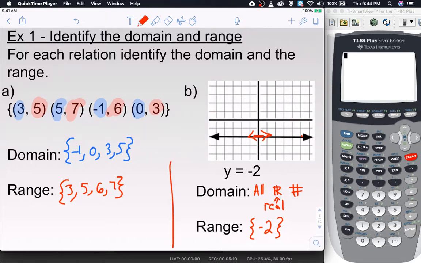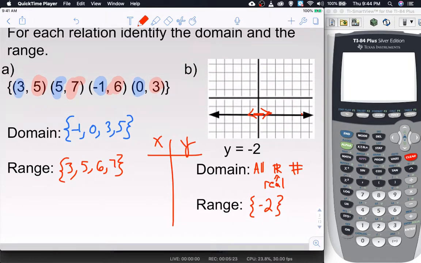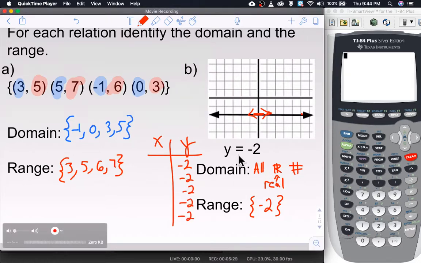Now, another way that this might make more sense to you is an xy table. So we know that in the xy table, all of the y values have to be negative 2 because that's the equation y equals negative 2. We've looked at this before when we graphed something like this. We made an xy table and we knew that all of those y values are negative 2, which is why the range is negative 2. But as far as the x, we're allowed to plug in any number we want.